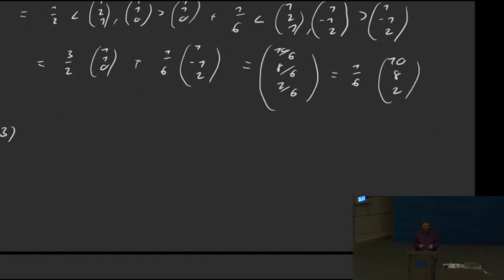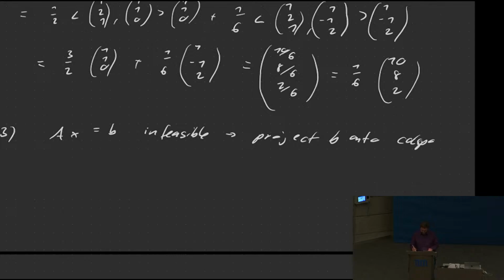Remember we talked about the least squares method, and in the context of least squares, we were faced with systems of linear equations that were infeasible, of that form: A times x equals b, an infeasible equation. What we did is we projected, so our solution was to project b onto the column space of A. And we did this in the following way.